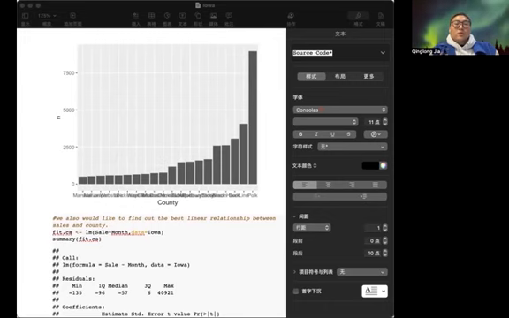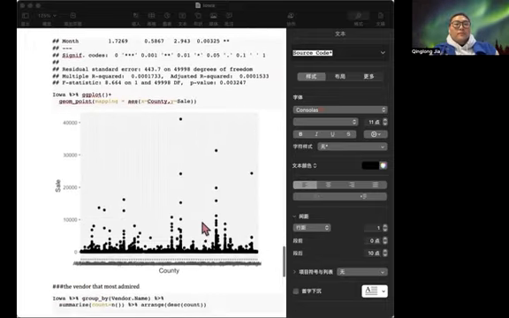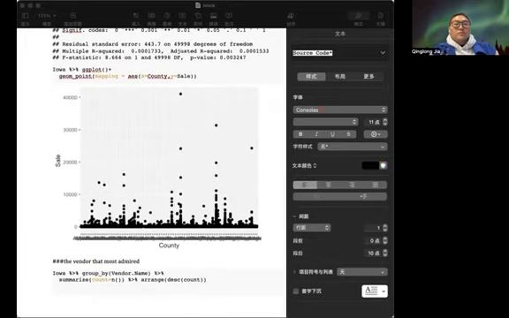And next, this graph shows one county to be the one with the most sales. This graph also shows some store sales occurring above the 5,000 mark.